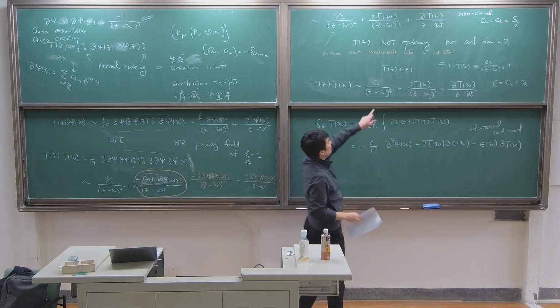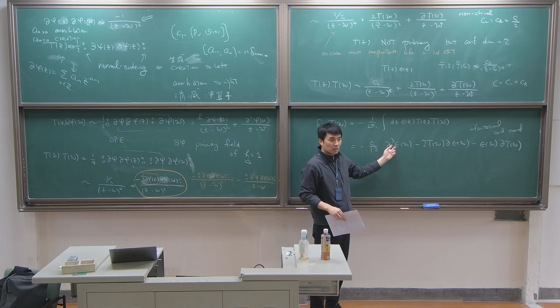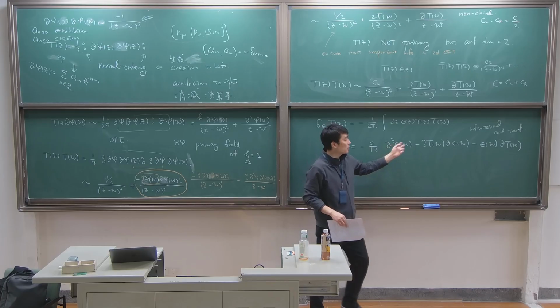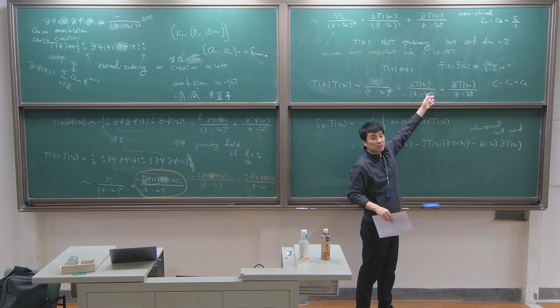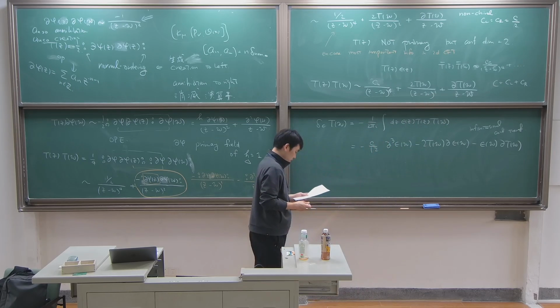Of course, this is 1 over z to the 4, so now a third derivative is involved. And this is the first derivative because of 1 over z squared and so on. Okay, that's how it works.